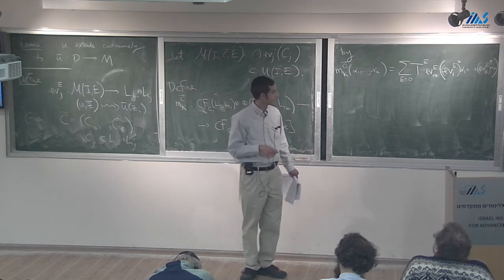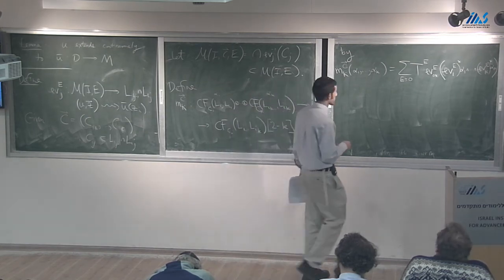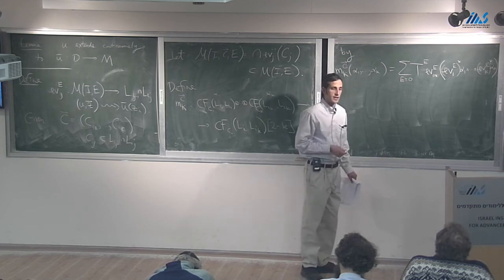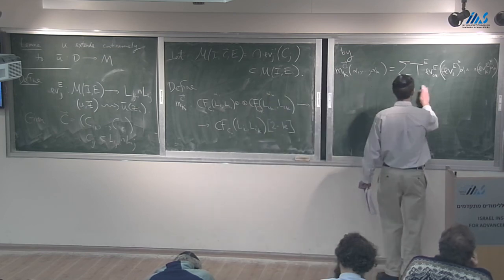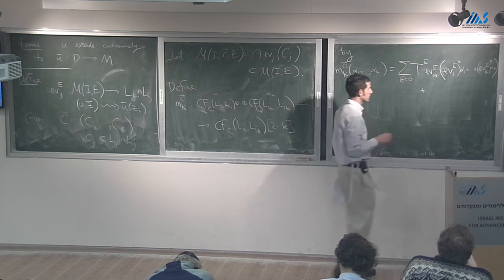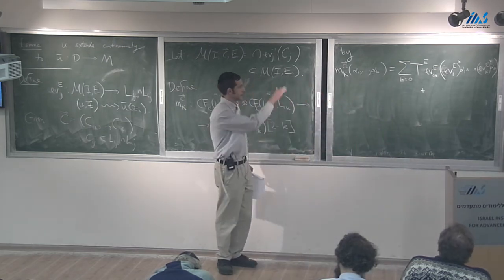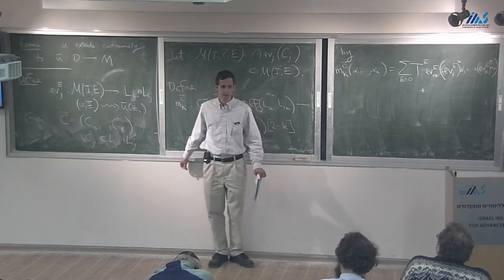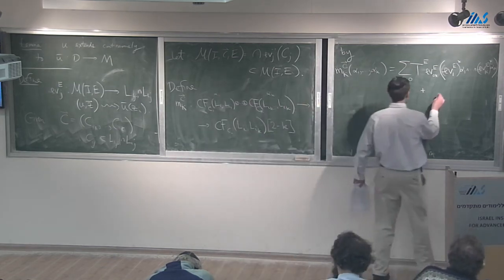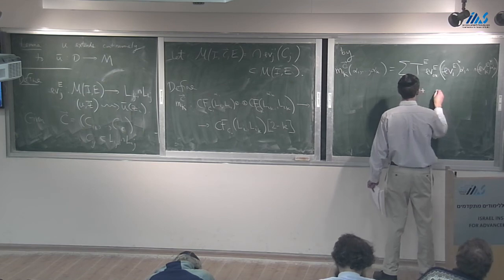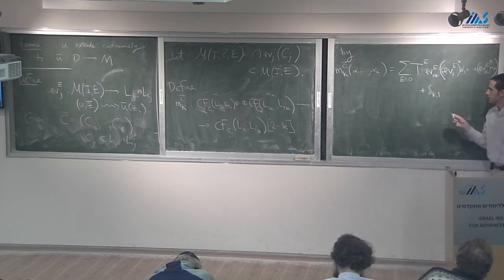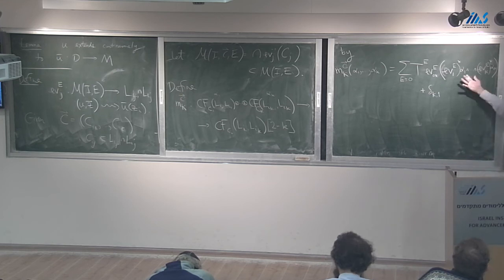And this is a countable sum, actually, yeah, by Gromov compactness. So there are only countably many values of E for which this is non-zero. That's correct, and they converge to infinity. So this actually makes sense in the topology we defined. And here we put just one little thing, which is, kind of like in Davesh's talk, there was a cup product followed by all sorts of quantum corrections.